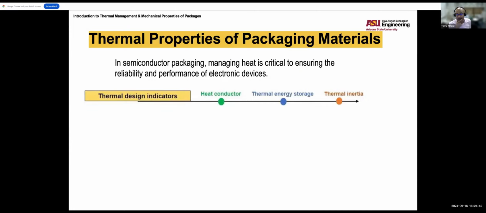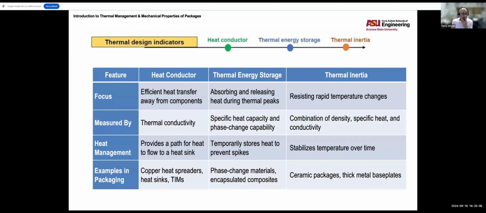And when we talk about thermal design, we have to think in terms of these three areas. Heat conductor. We just talked about metals, aluminum and copper and diamond. They conduct heat very well. Then we're going to talk about things like thermal energy storage and thermal inertia. And what do we mean by that? Well, let's start off with the heat conductor. They are really, really good at transferring heat.